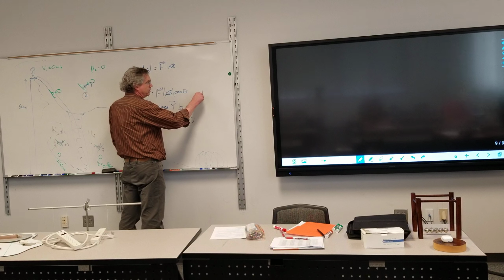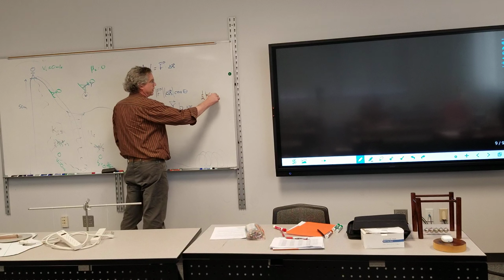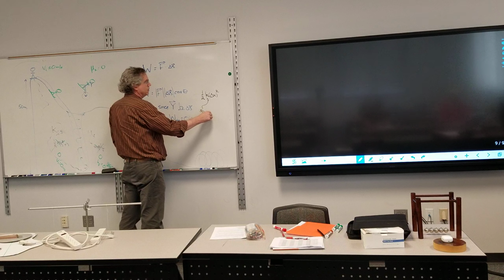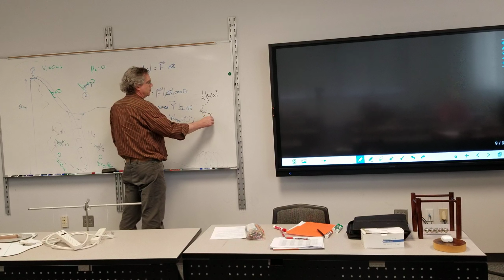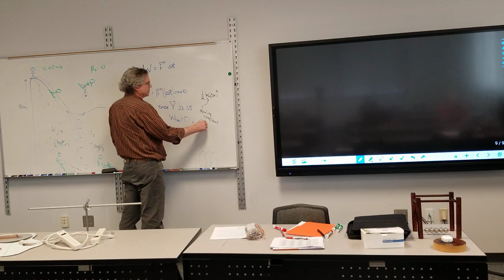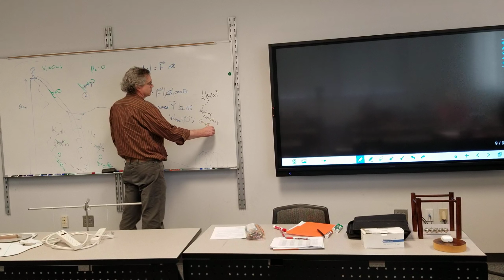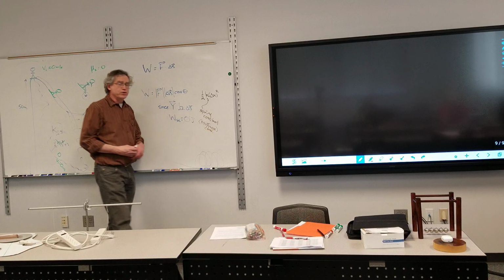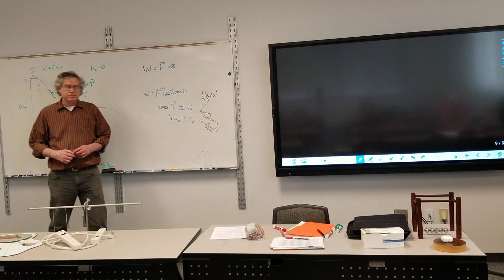But the formula for the potential energy of an ideal spring is 1/2 k delta x squared, with a lowercase k. This k is known as the spring constant. It is basically a stiffness constant. The larger the value, the stiffer the spring is.